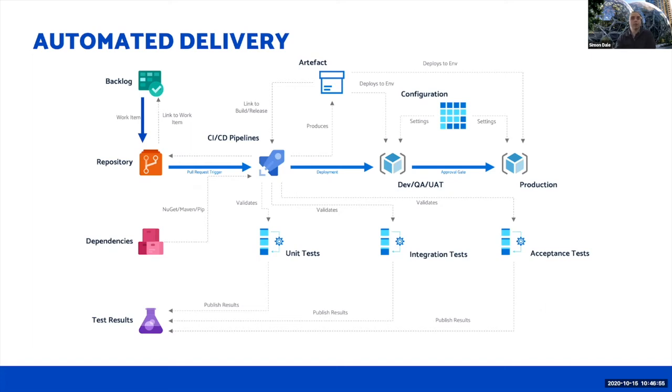At that point, all of the different artifacts are drawn together. So things like source code, infrastructure templates, testing, any dependencies, and everything like that. And that's committed back to the repository, and a pull request is created to merge that back into the main trunk branch.